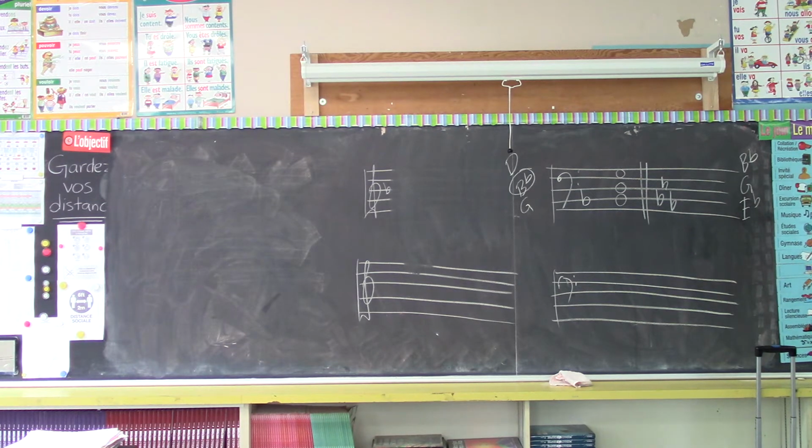Is there anything else to do? Can I just now put the E flat as my bottom note and just add the G and the B flat? Or do I have to do something else? Is there anything else to do beyond adding the E flat, G, and B flat onto the staff?